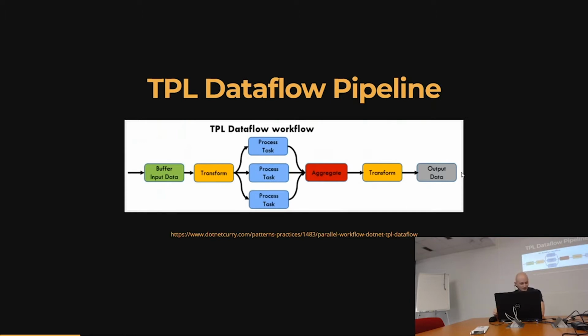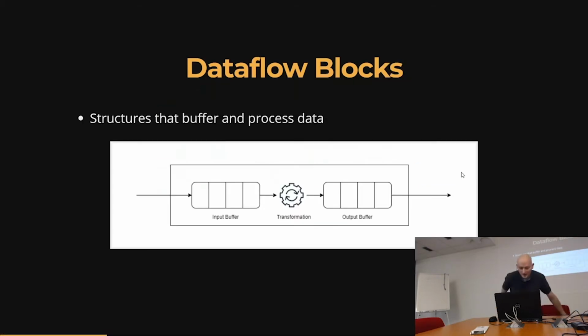Now I would like to tell you a bit more about the components that this library contains. The main component are the Dataflow blocks. They themselves contain several other components. Usually they are composed from one or more buffers and maybe some transformation tasks.